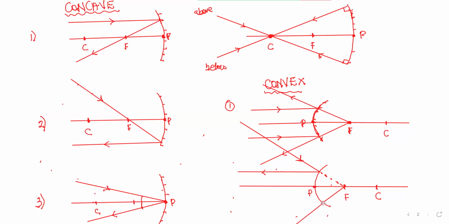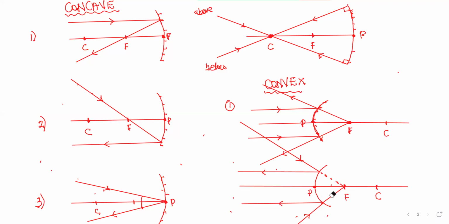Here, what I'm saying is that the ray can come from a source above, but if the ray appears to be passing through F, then after reflection, the reflected ray must travel parallel to the principal axis. And that is the reason why I'm clearing whatever is here.